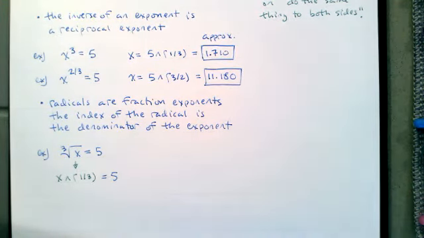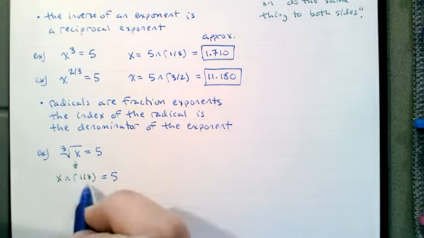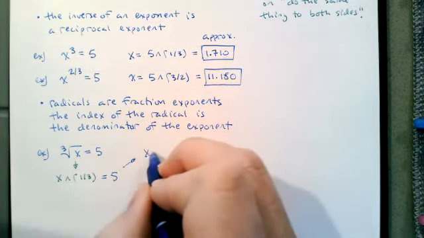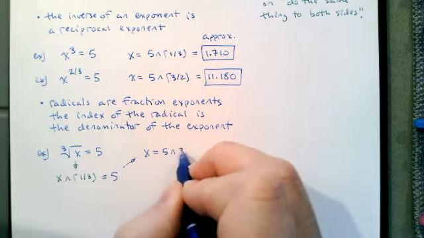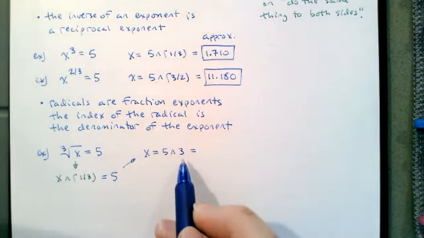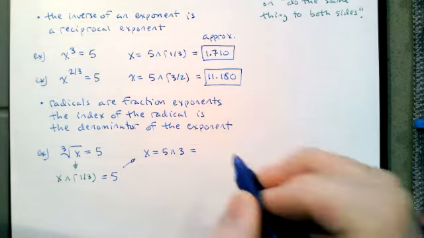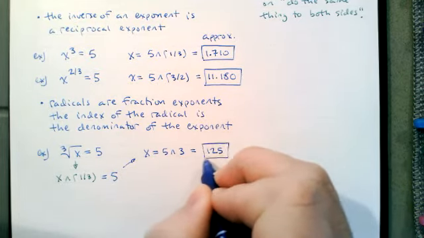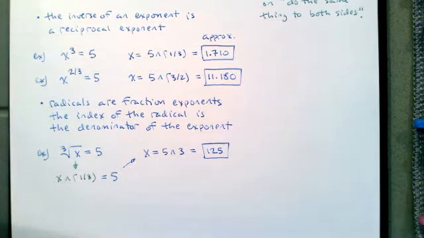Since the inverse of an exponent is a reciprocal exponent, I need to use the reciprocal of 1/3 and say that x is 5 to the 3rd power. So the reciprocal of 1/3 is a 3. And so here we get 125. So this one came out with a nice exact answer.